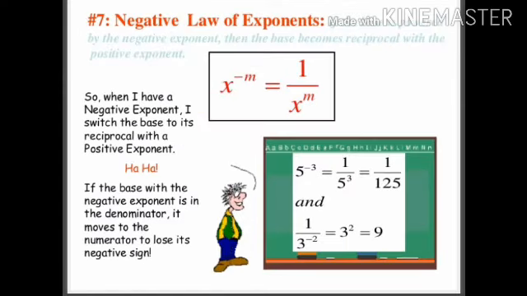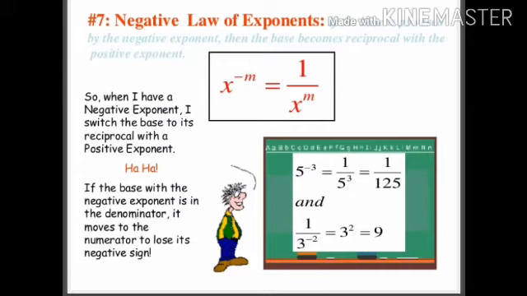Next law. If the base is raised to a negative exponent, then the base becomes its reciprocal with the positive exponent. That means a base with a negative exponent in the denominator moves to the numerator to lose its negative sign.